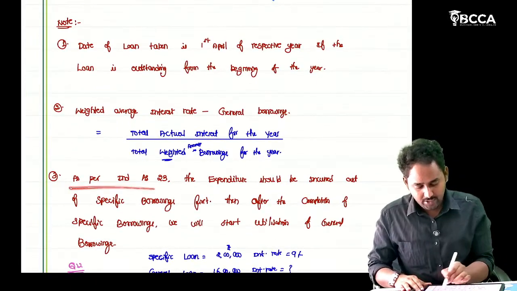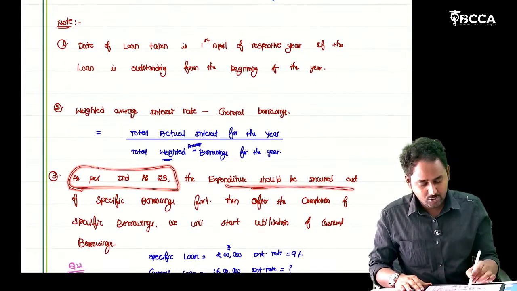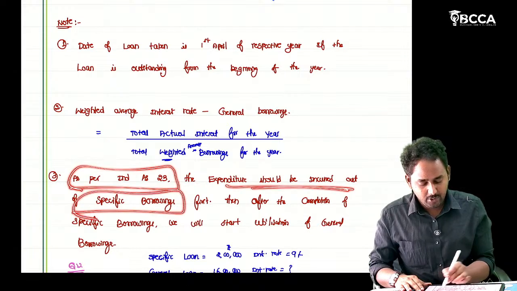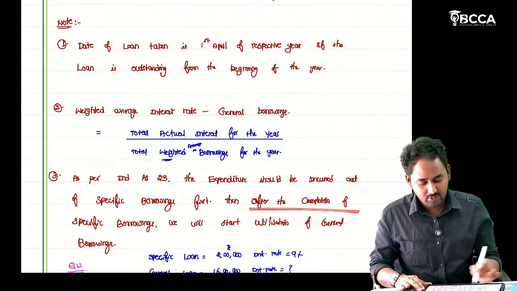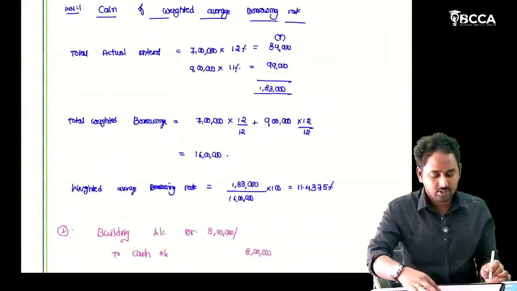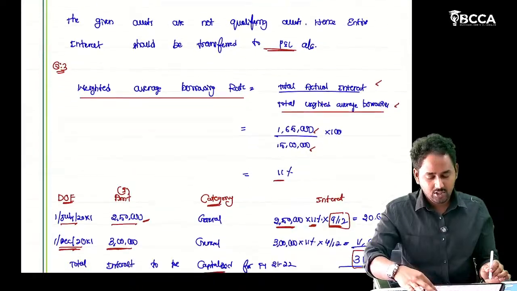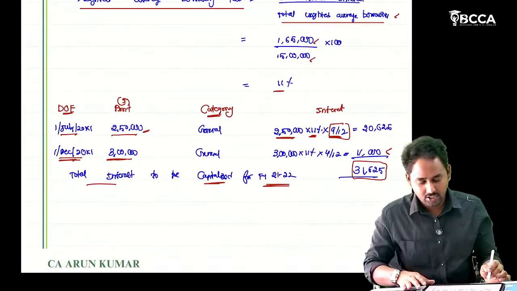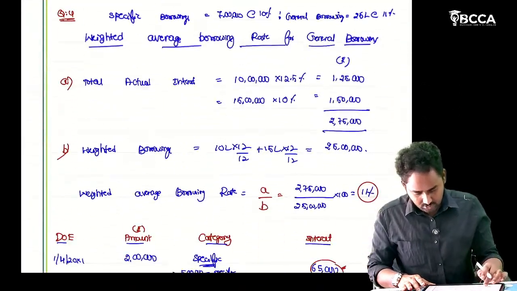As per Ind AS 23, the expenditure should be out of specific borrowings first. And after specific borrowings, we will capitalize general borrowings. That is the default assumption in Ind AS 23.